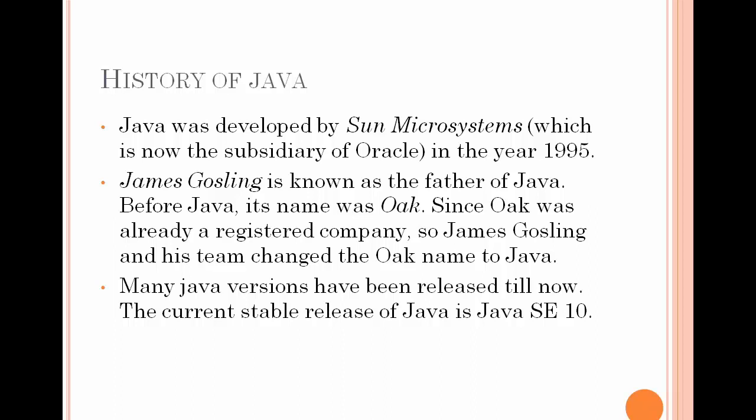Now Java is being used in many applications. Each new version adds new features to Java. The latest stable release of Java is Java SE 10, and Java SE 11 is currently open for bug fixing. So these are the history and the Java versions.